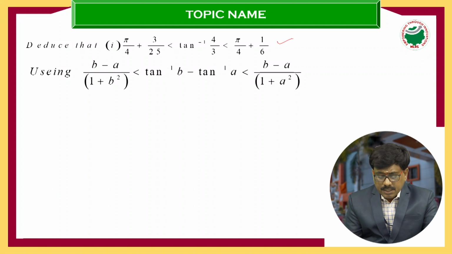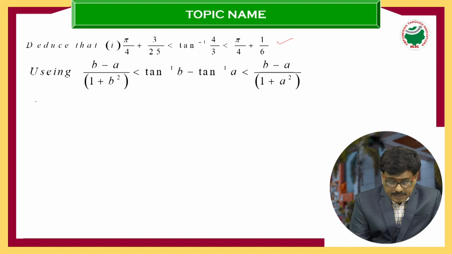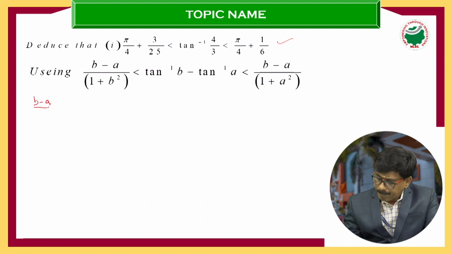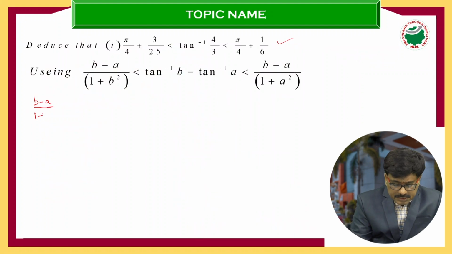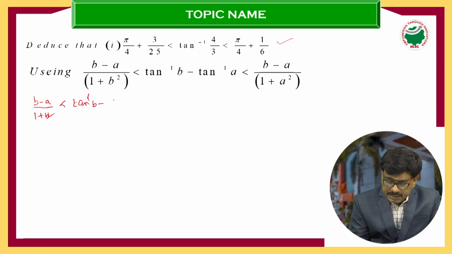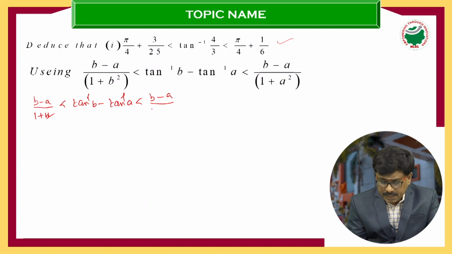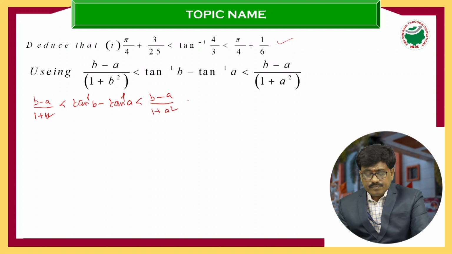Clear, I think. Now what condition did we apply? What result did we get previously? B minus a divided by 1 plus b square less than tan inverse of b minus tan inverse of a less than b minus a by 1 plus a square.